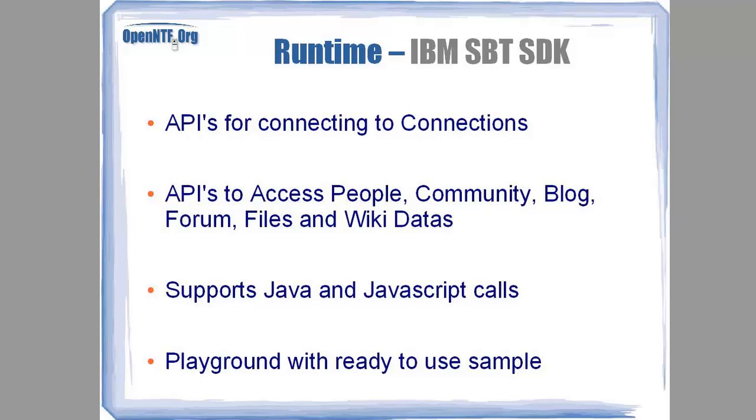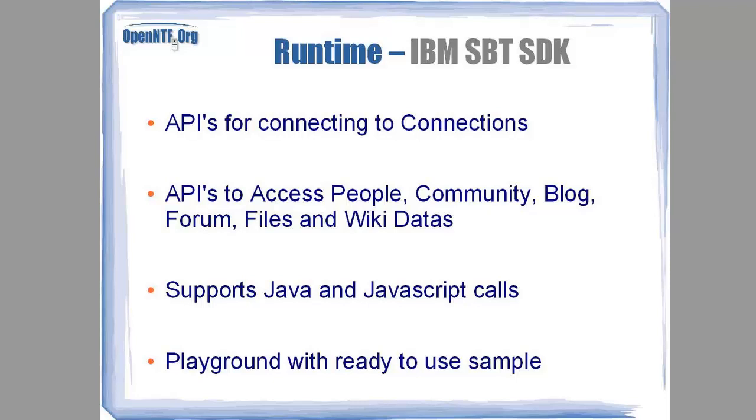So the Social Business Toolkit is very well known. It shows all the APIs to connect to Connections, all the APIs to access people, community, blog, forum, file, and wiki data. It supports Java and JavaScript calls, and it has a nice playground with ready-to-use samples.